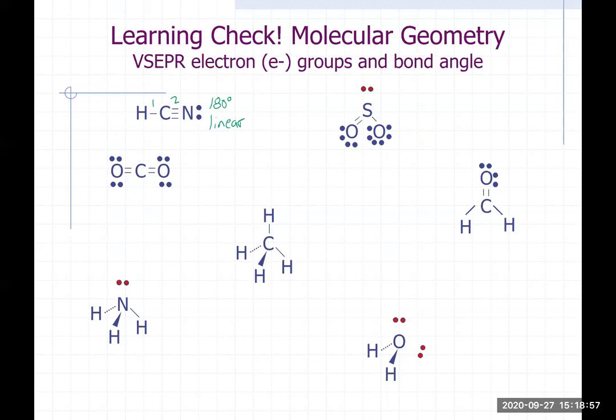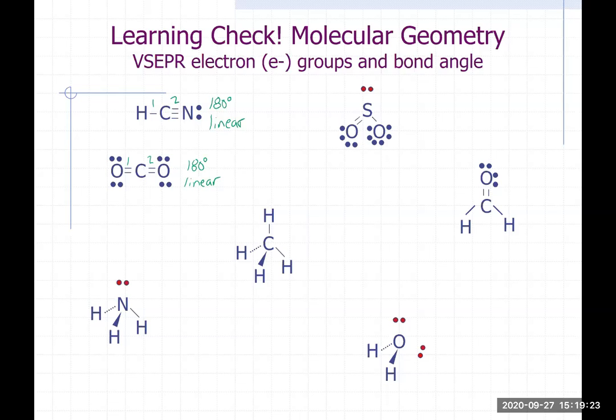If we look at CO2, surrounding that central carbon atom, 2 electron domains or 2 VSEPR groups, 180 degrees. If there's 2 groups, it's 180 degrees. Doesn't matter if it's electron or molecular geometry we're looking at, it's linear.